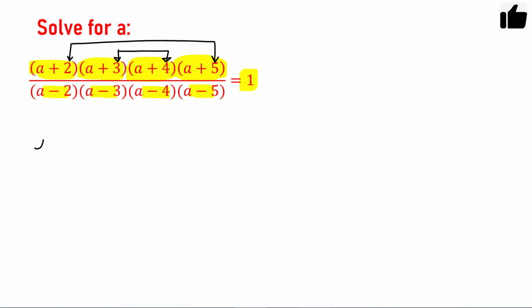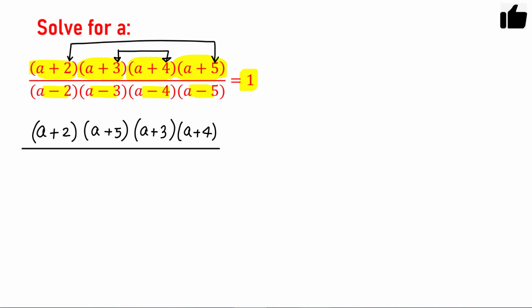We will have a plus 2, club it with a plus 5, and similarly a plus 3 times a plus 4, and in the denominator I will do the same thing, and you will have a minus 3 times a minus 4, and this is equal to 1.